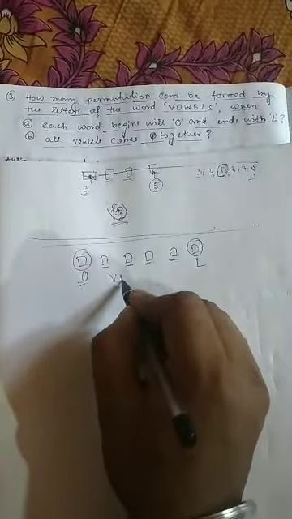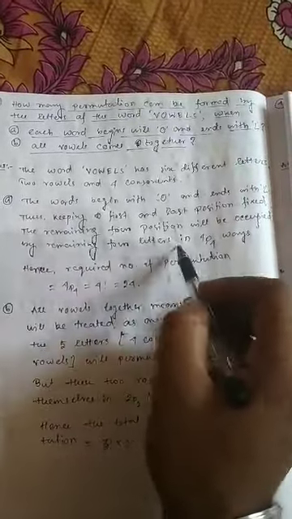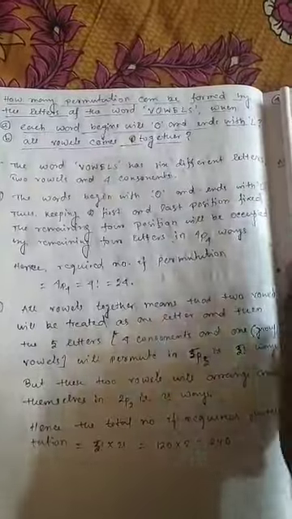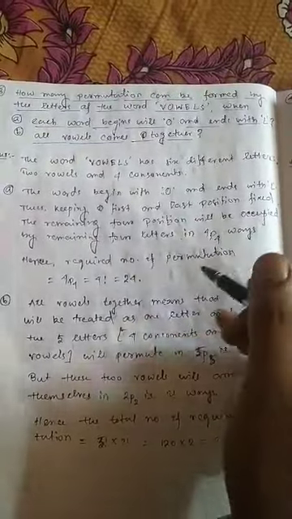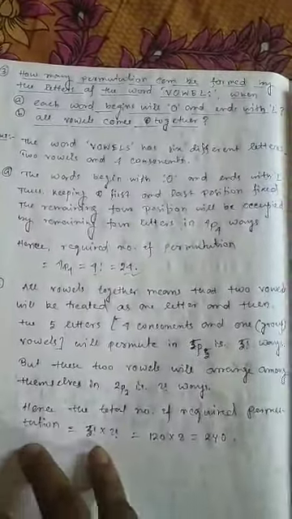Thus the remaining 4 places can be filled by the 4 letters V, W, E and S. So the remaining 4 positions will be occupied by the remaining 4 letters in 4P4 ways, which is 4 factorial. The value of 4 factorial is 24. Thus the required answer will be 24.